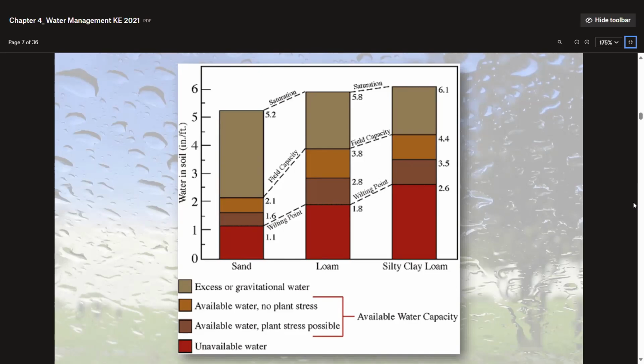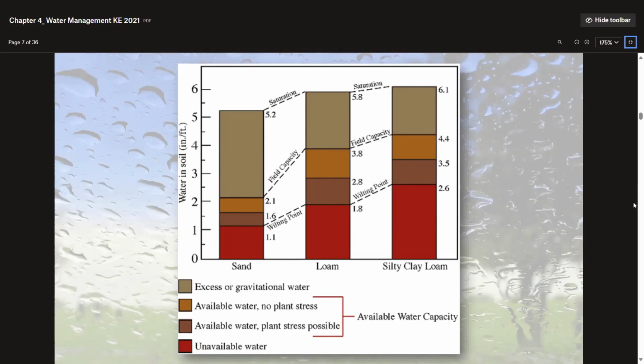In loam, in that orangey tan area, you have much more water capacity, right? Available water. And in clay, you have a decent amount of water available, right? Available water where plant stress can be possible is that darker brown layer. Okay, then you're getting into the water is starting to drain off. The plant has begun to take up water. You have much less available water in the sand.